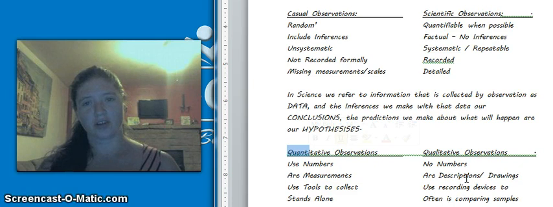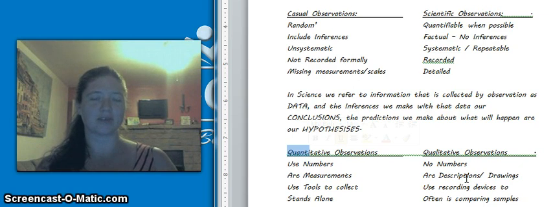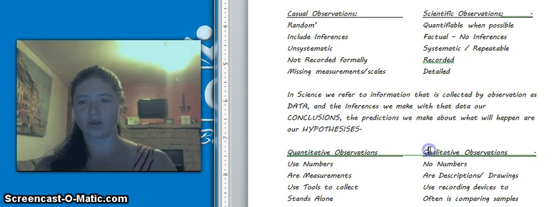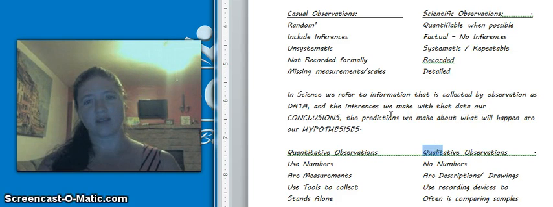So the other term that we use when we make observations is for the ones that you can't quantify. You can't pin a number on that observation. There's many, many things that we have qualitative, or qualities. So if we go here and we look, this one is very similar to the word qualities. And qualitative observations are looking at qualities.